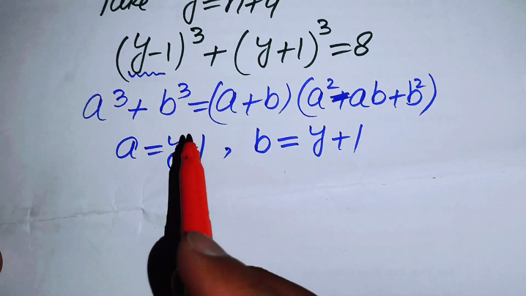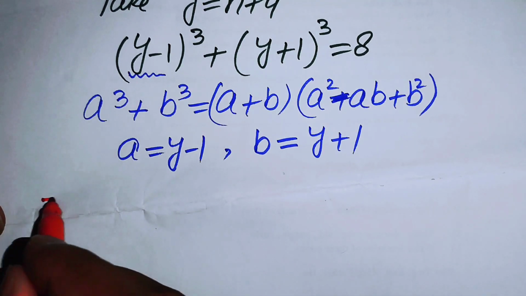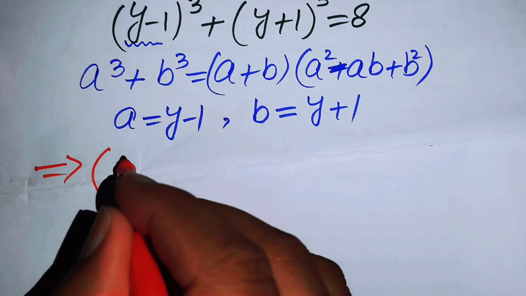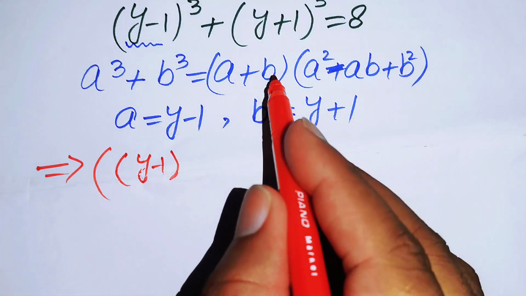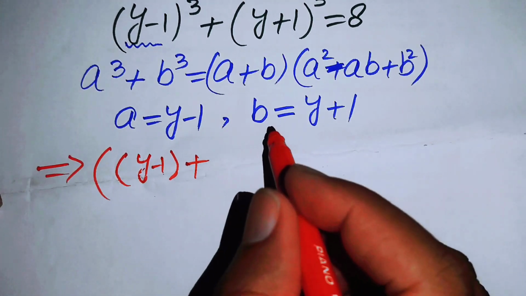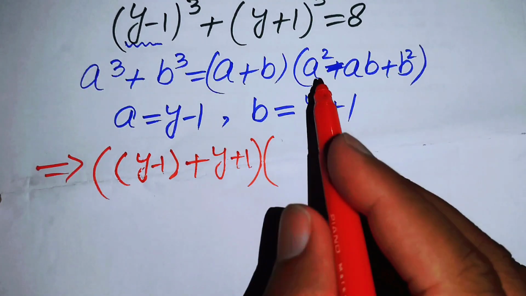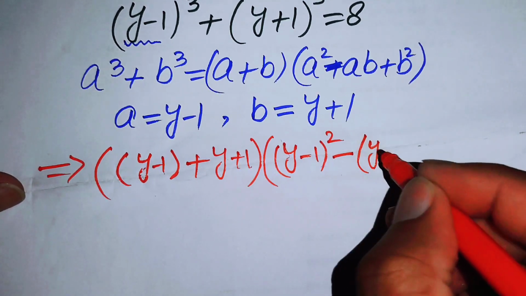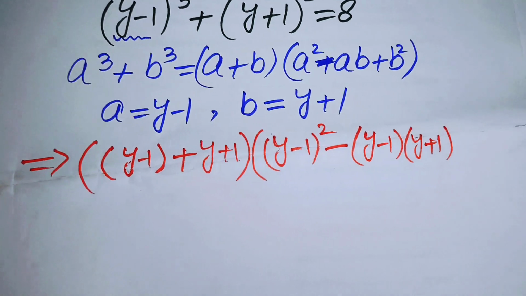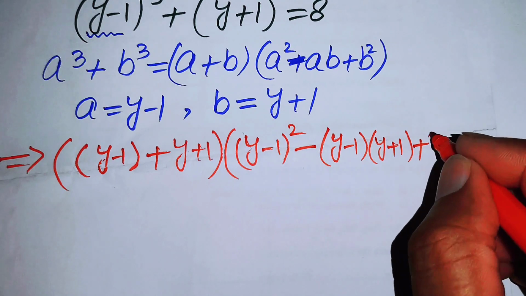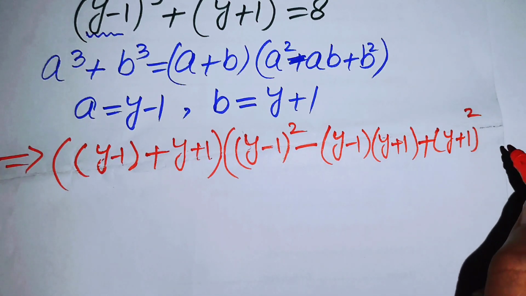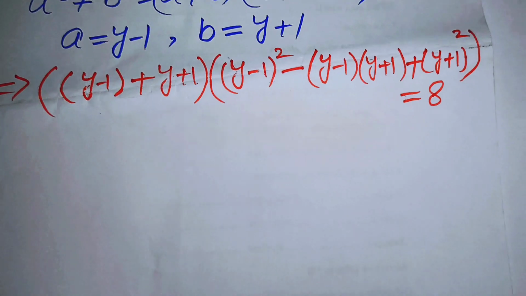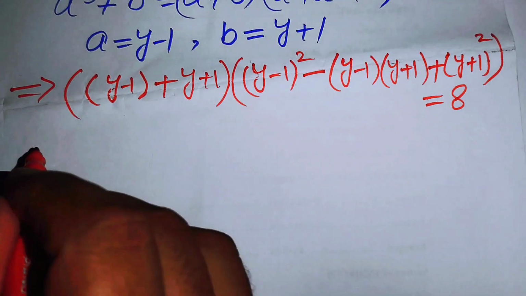On the right hand side, you get a plus b, so the value of a is y − 1 and the value of b is y + 1, times a squared, where the value of a is y − 1 whole squared, minus ab, where a is y − 1 and b is y + 1, plus b squared, where the value of b is y + 1 whole squared, and it is equal to 8.